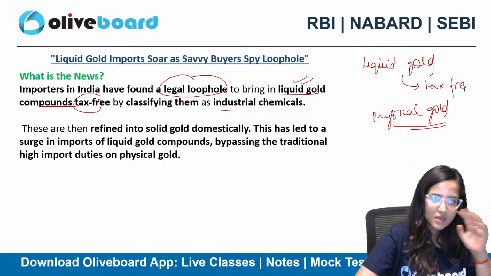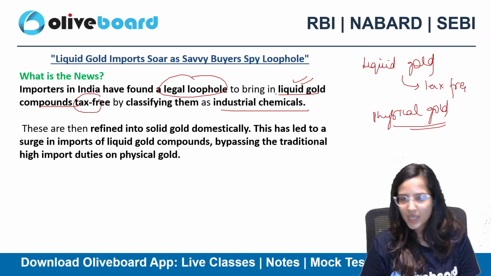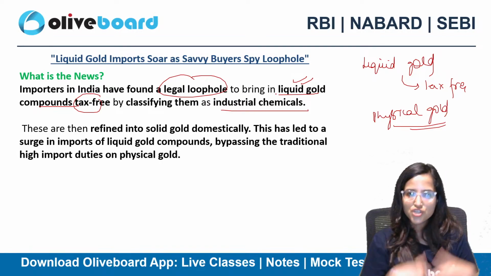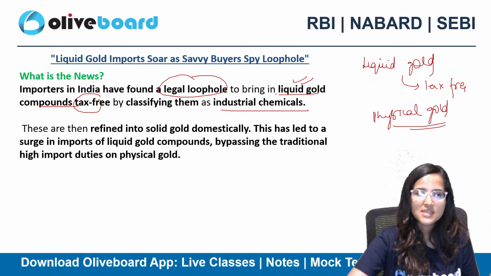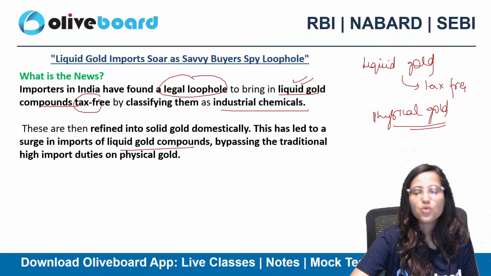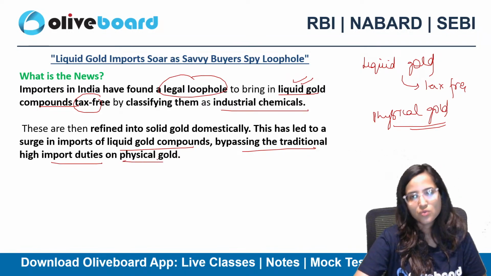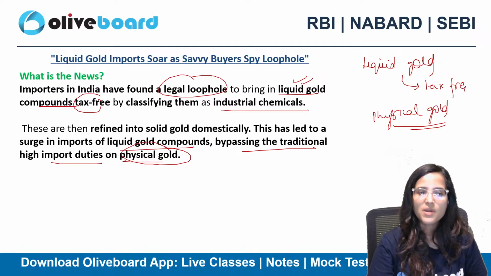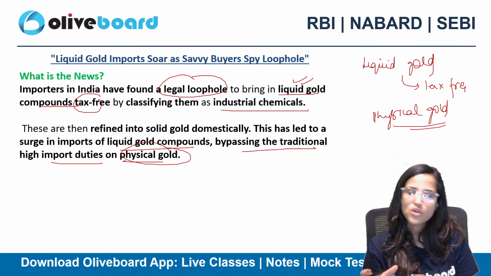ठीक है, and what happens is they import the liquid gold compounds, and what they do is then they convert into solid gold domestically. Once it has reached India, then they convert it into solid gold. This has led to a surge in imports of liquid gold compounds, bypassing the traditional high import duties on physical gold. So on physical gold there are high import duties, but on liquid gold, which is classified as industrial chemicals, on that it is tax free.